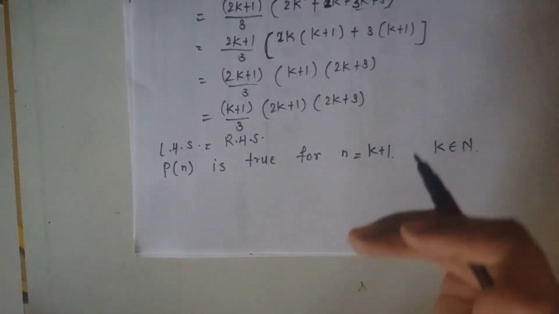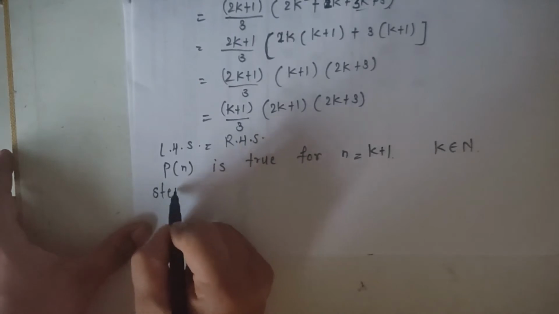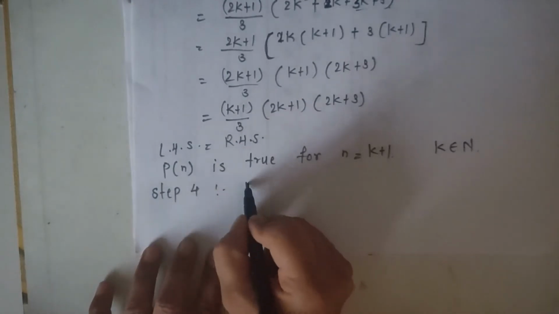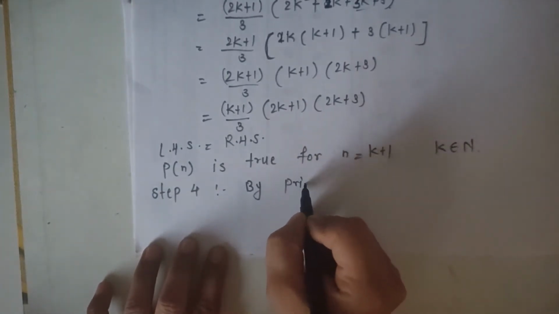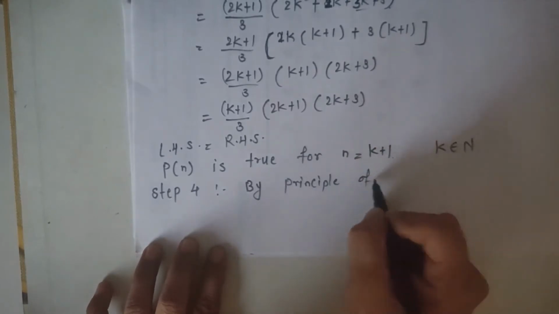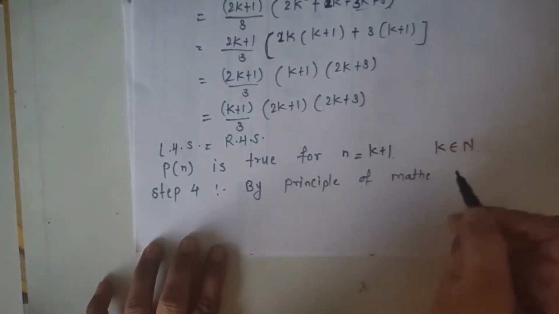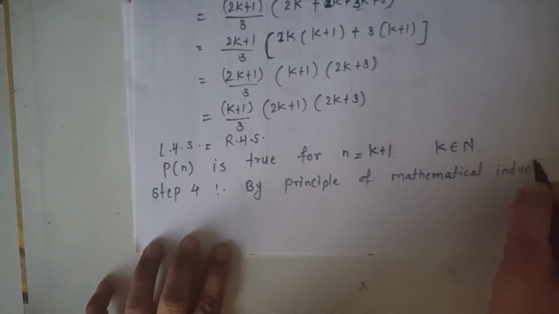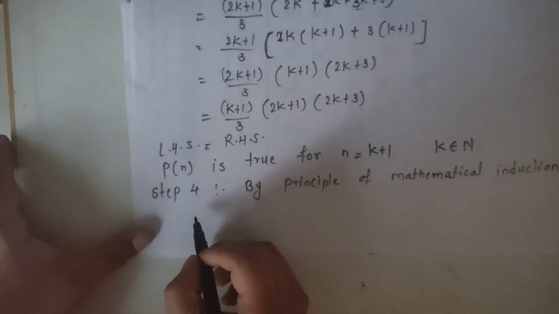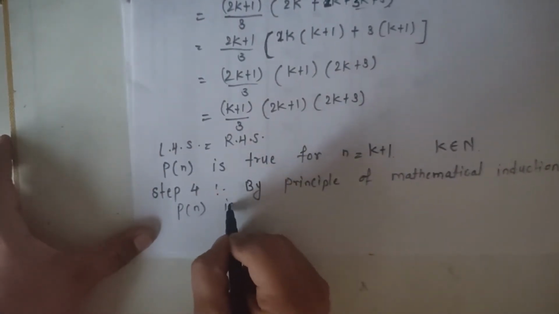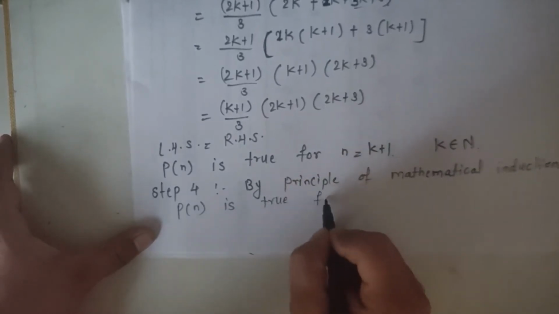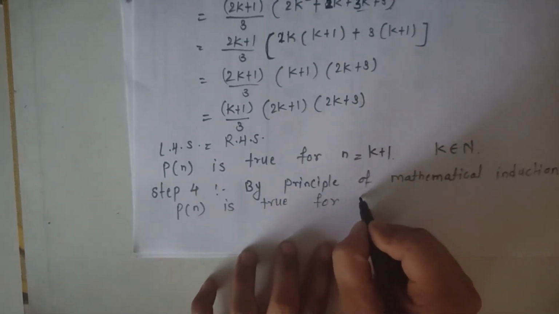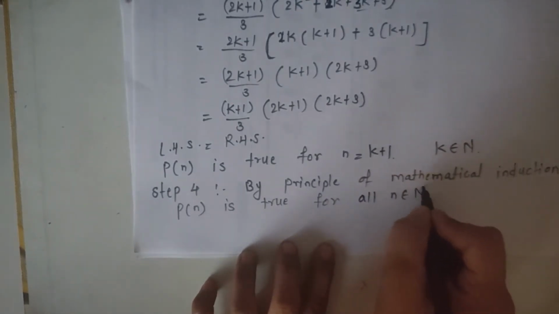So from the above 3 steps we can write in step 4: from the above 3 steps and by the principle of mathematical induction, P of n is true for all n belonging to the natural numbers.